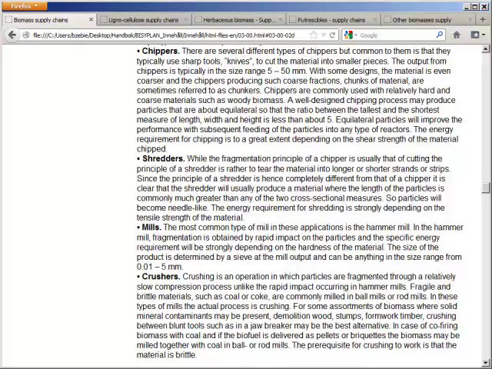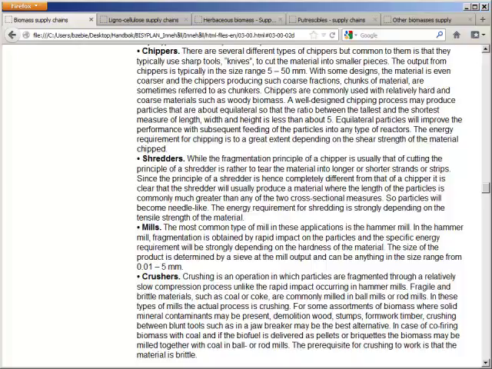Mills, in these applications most commonly a hammer mill, work with a rapid impact onto the particles, and as the hammers hit, the particles break. That means that the particles have to be reasonably brittle. They can be hard.